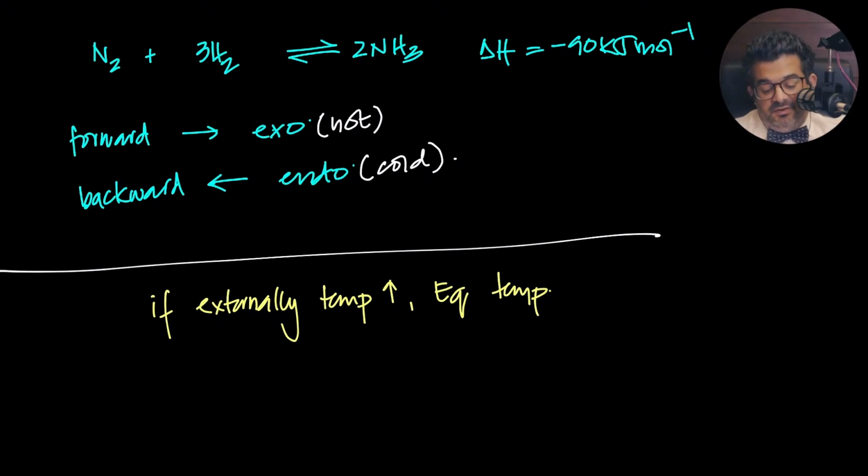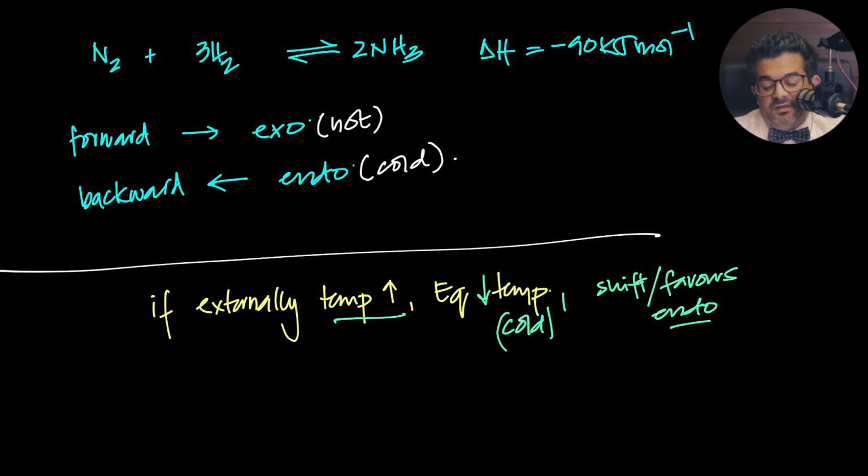Step by step, let's follow it, right? So temperature is increased, the equilibrium will try to reduce temperature, meaning it'll go cold. So which reaction is cold, exo or endo? It'll want to shift endo. So it shifts, or we use the word favors, endothermic.